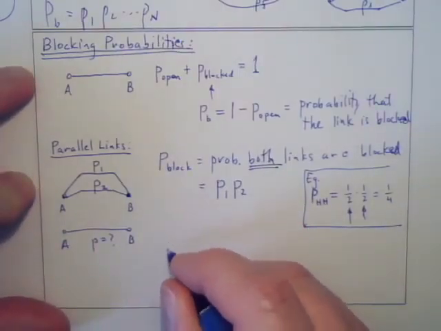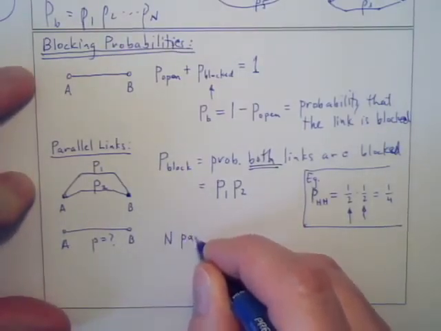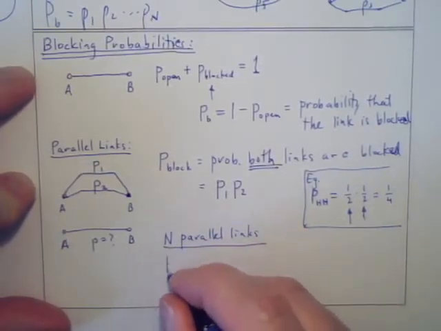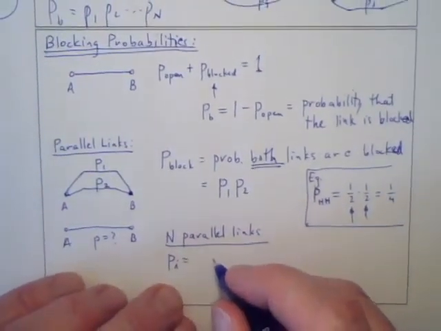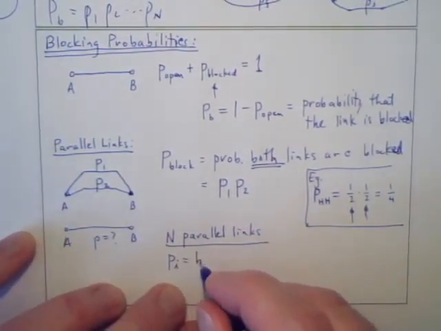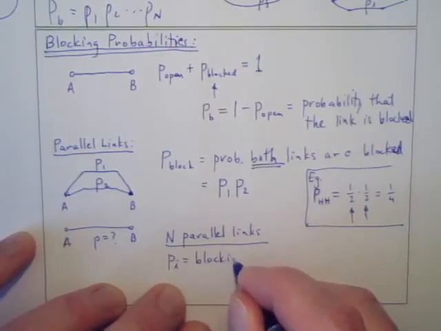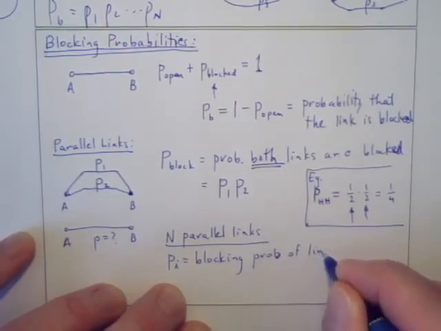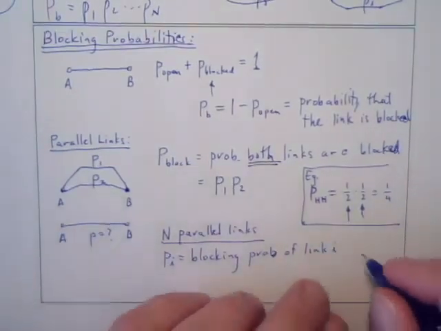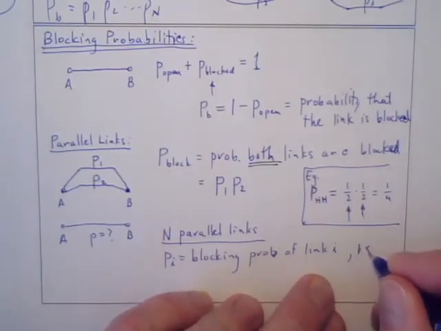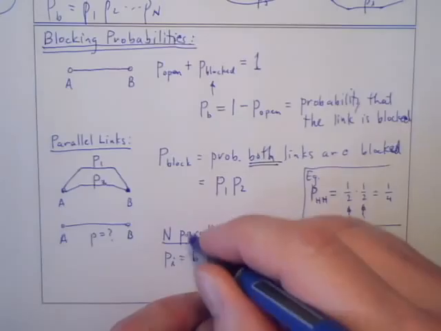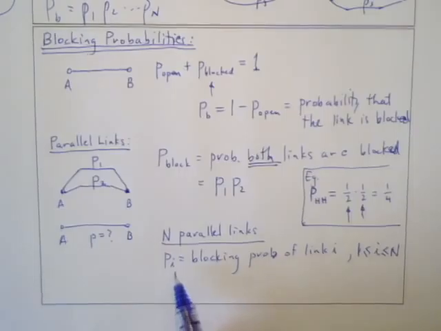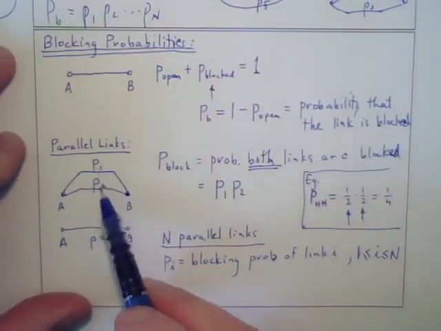If we have n parallel links, what we're going to do is let P sub i be the blocking probability of link i, where i runs from 1 to n. The n is the number of links we have. Okay, so i is the index of the link probability. So we had P1 and P2 here.